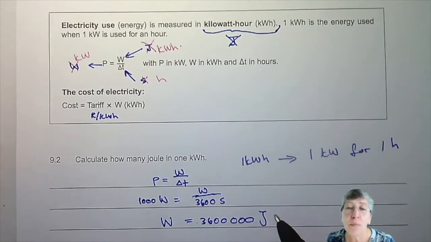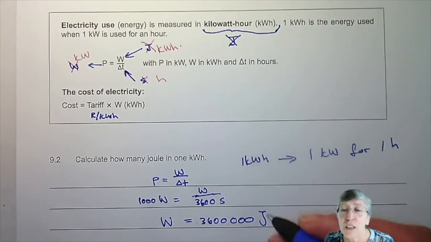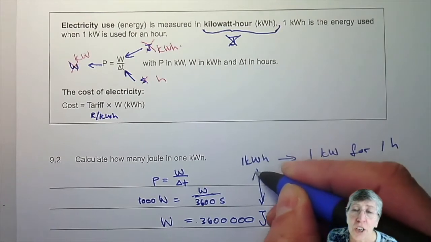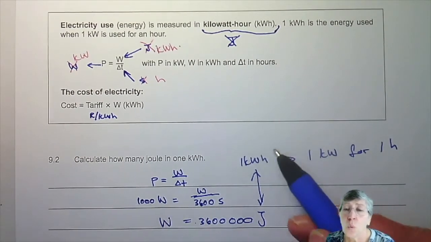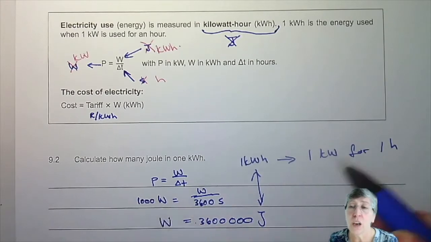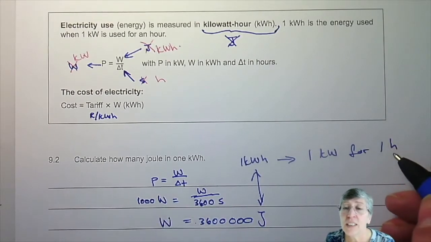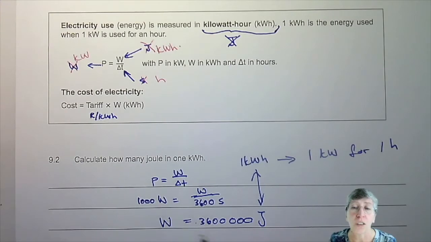So that's how many joules in 1 kilowatt hour. That's just a different unit for energy. You can use kilowatt hours or you can use joule. So remember, 1 kilowatt hour is 1 kilowatt, which is 1000 watt, for 1 hour, which is 3600 seconds.